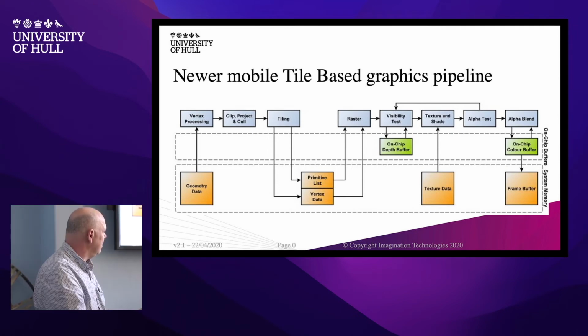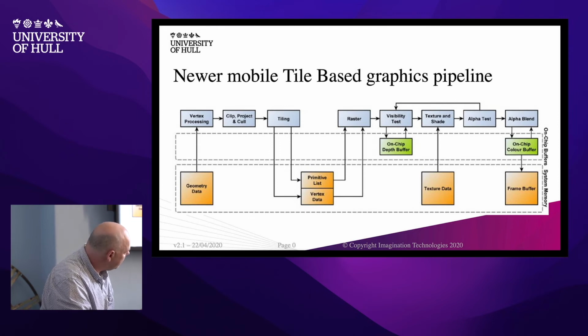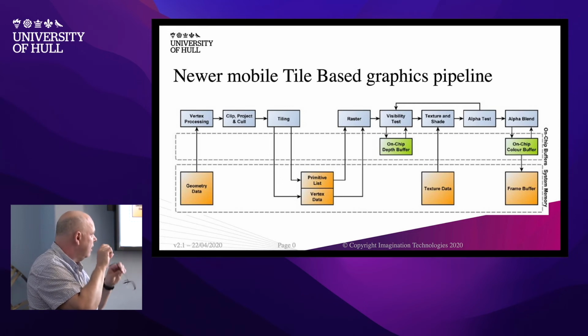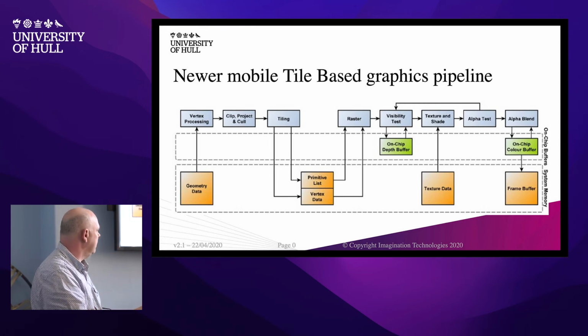When the rasterizer comes along, it goes, okay, for each of these tiles, what do we need? We can use the on-chip buffer and do some visibility checks. You still have the texture coming across, but the actual buffer blend is only done for each individual tile, and it just makes things better.